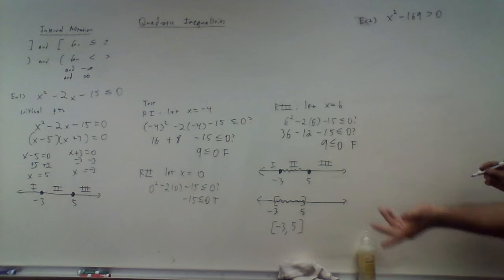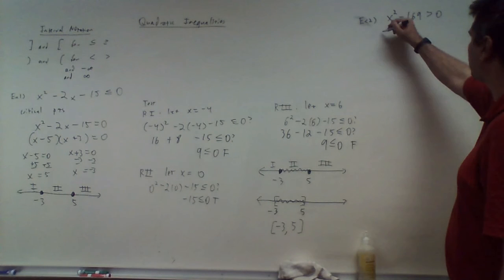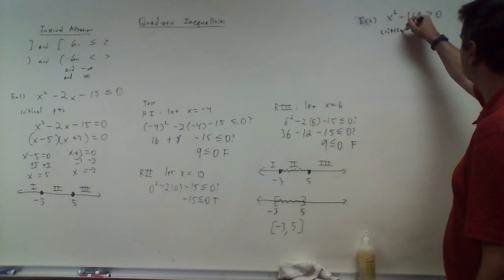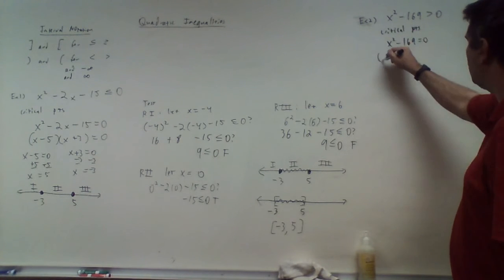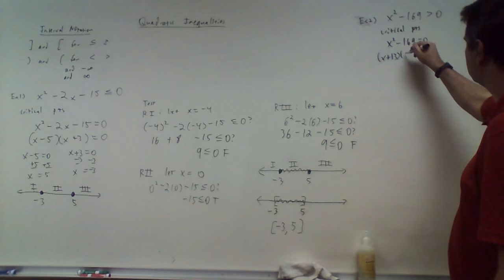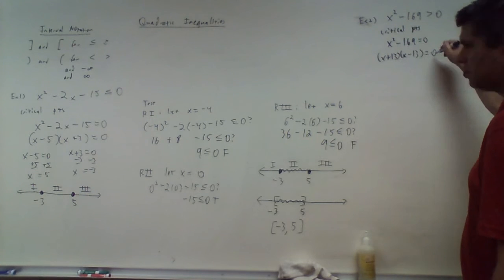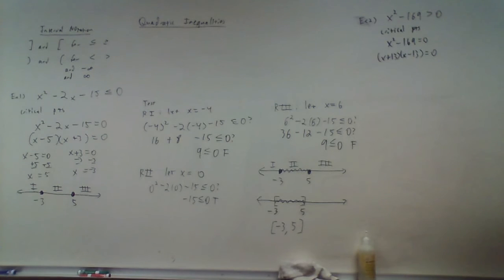Okay? Generally, we solve these by factoring. So the critical points are where x squared minus 169 equals 0. It's a difference of squares, like so.